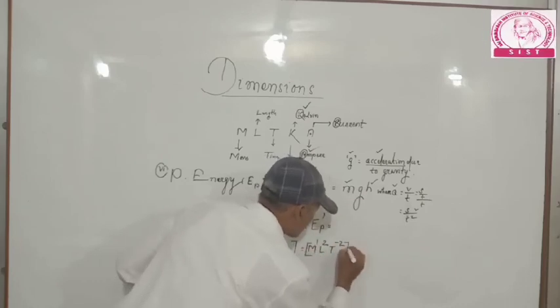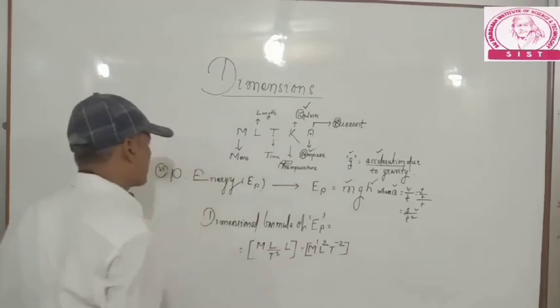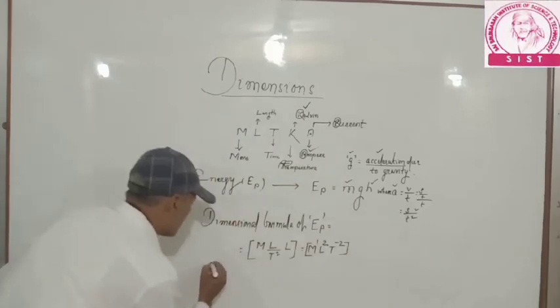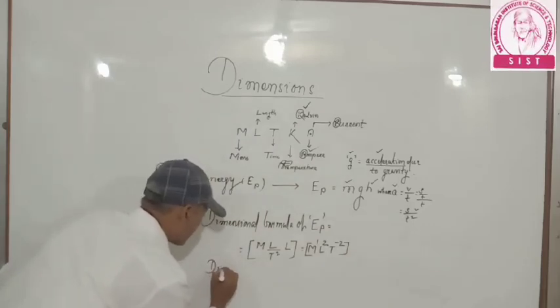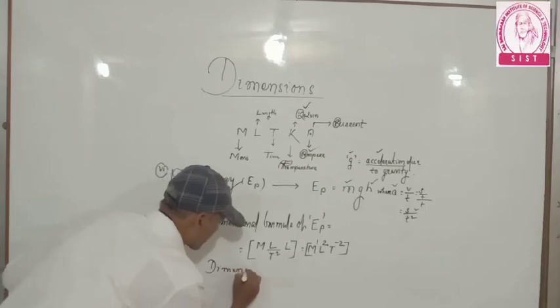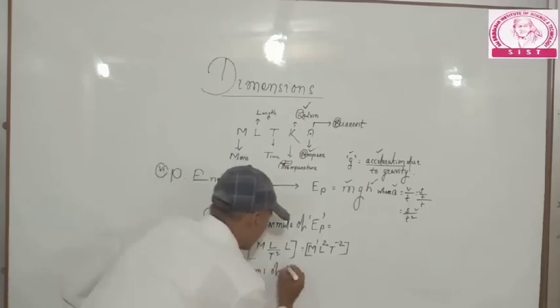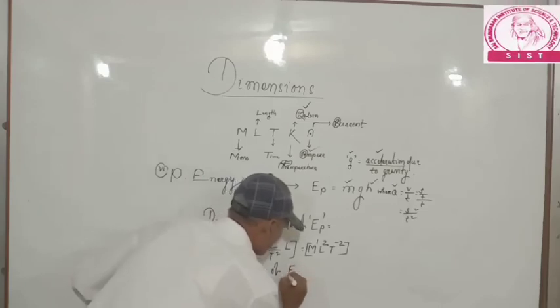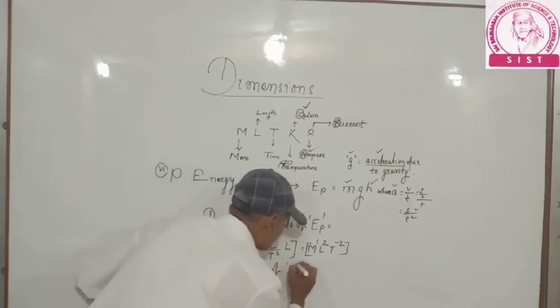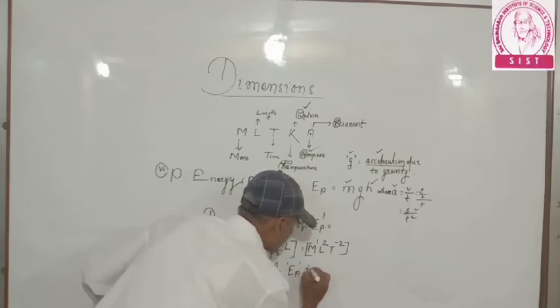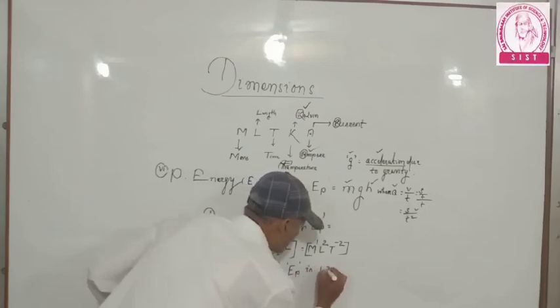So this is the dimensional formula of potential energy. What is its dimensions? Dimensions of EP is 1, 2, minus 2.